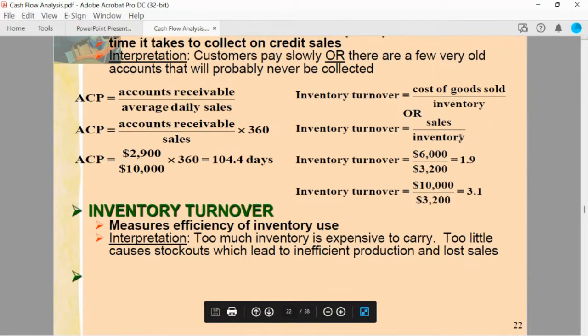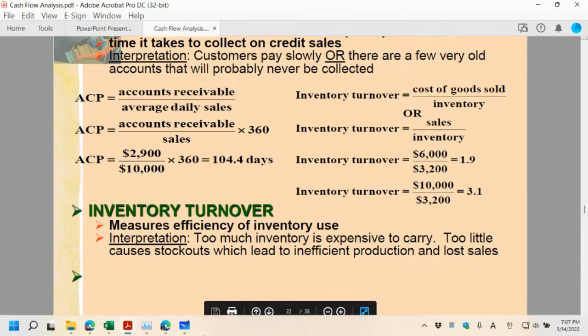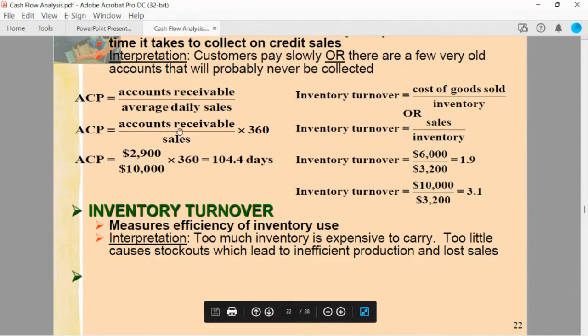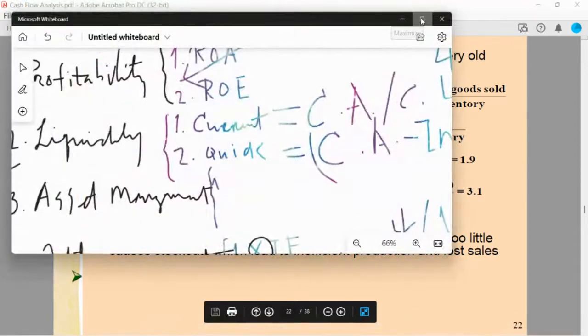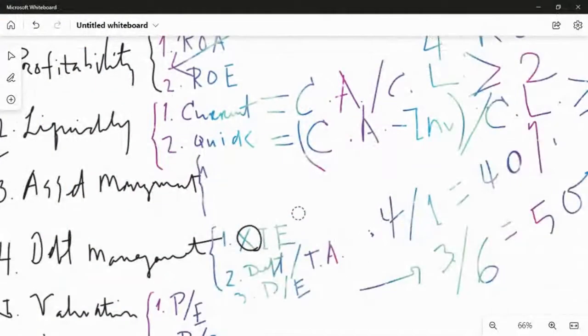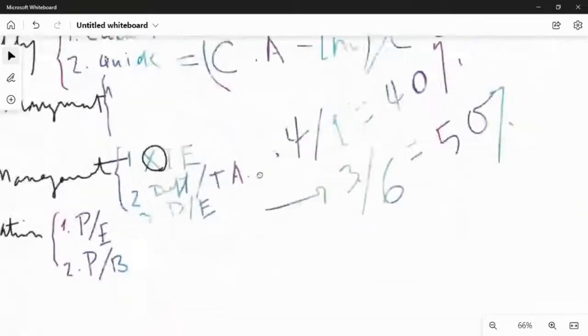So it's here. There are two ways to, so I need more space.